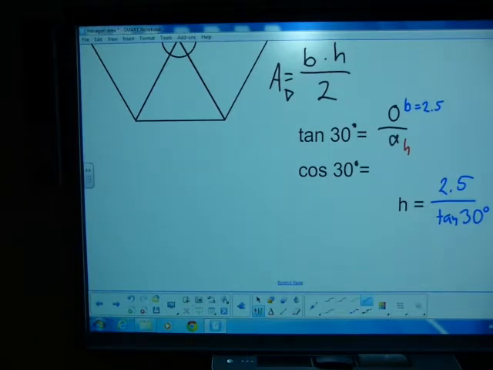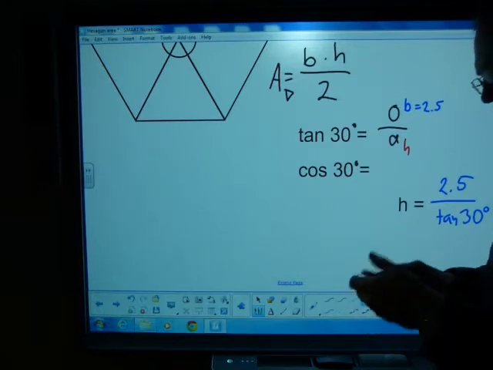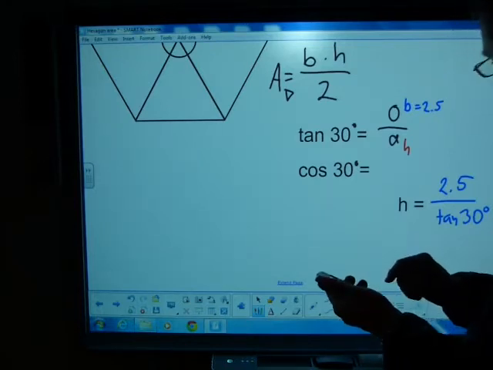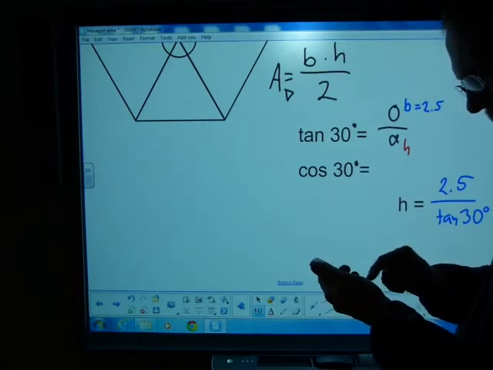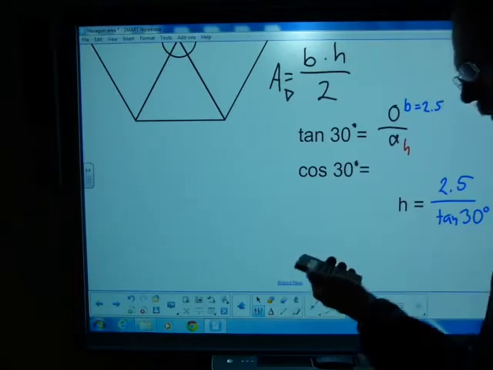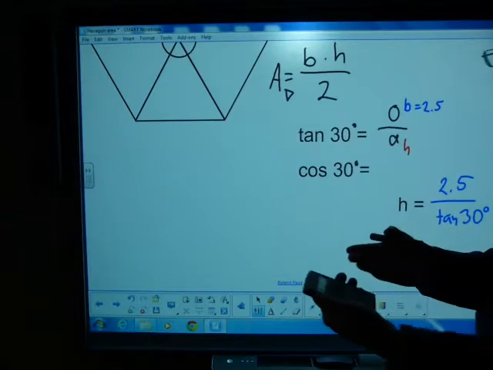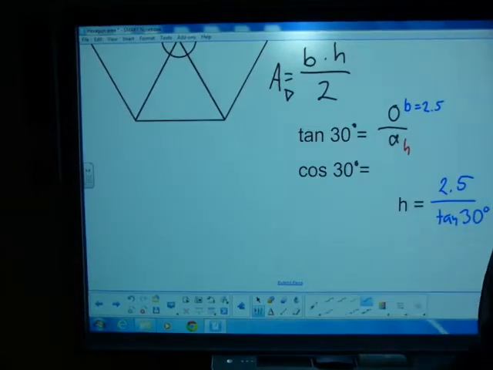When you enter that into your calculator, you are going to get a number which looks like 2.5 divided by tangent 30 equals 4.33, and there's more digits to it. It's on the calculator's display.